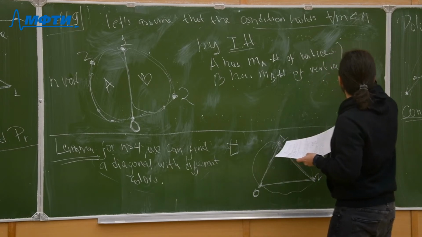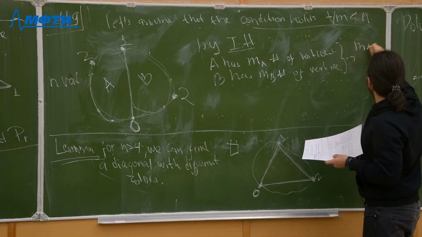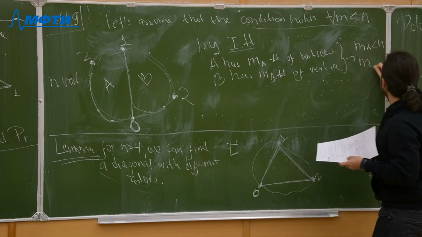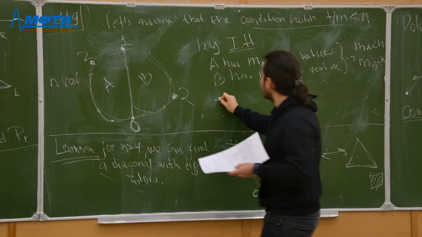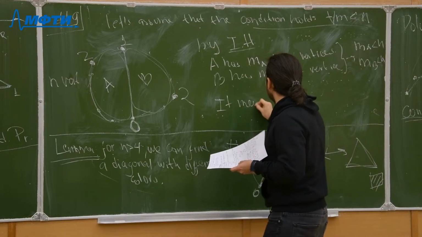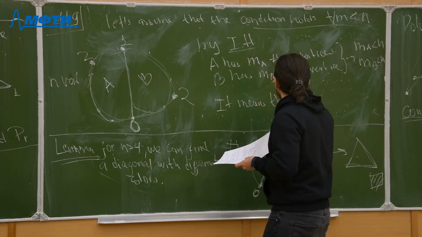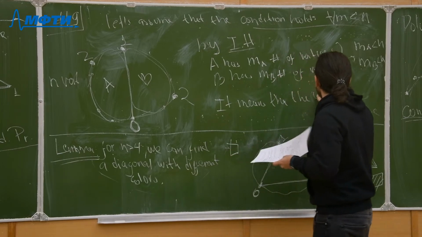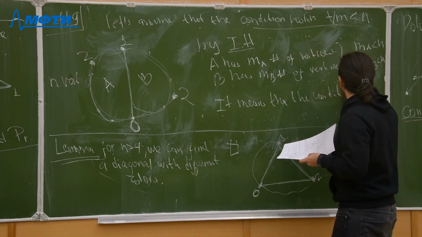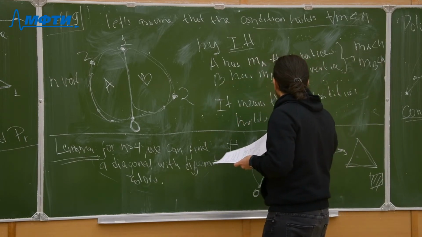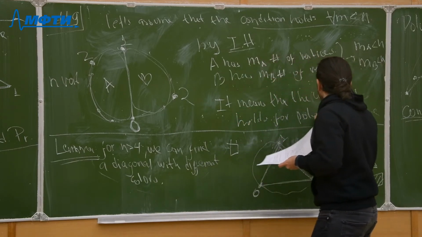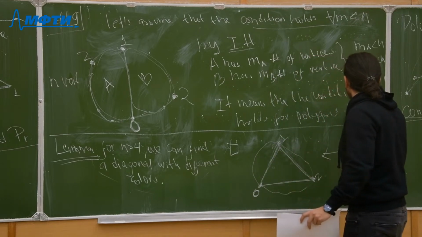And we know that m sub A is less than n and m sub B is less than n. It means that the condition holds for polygons A and B.